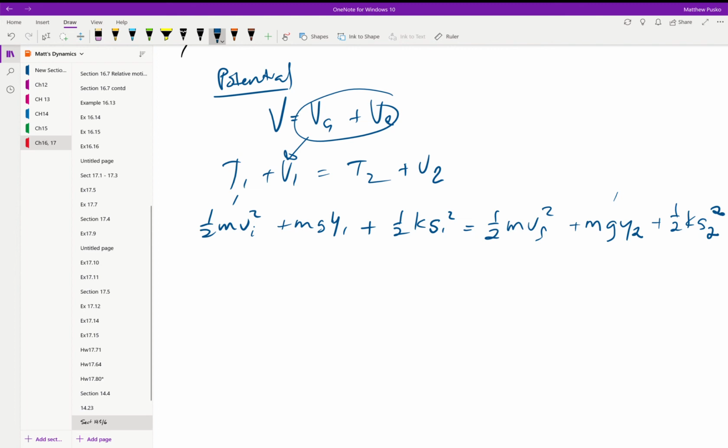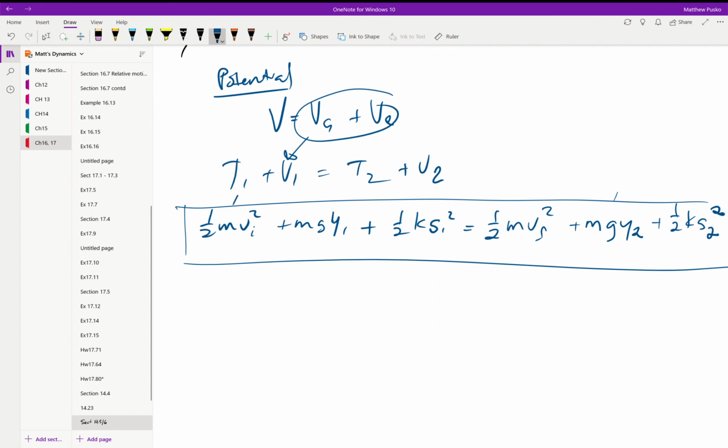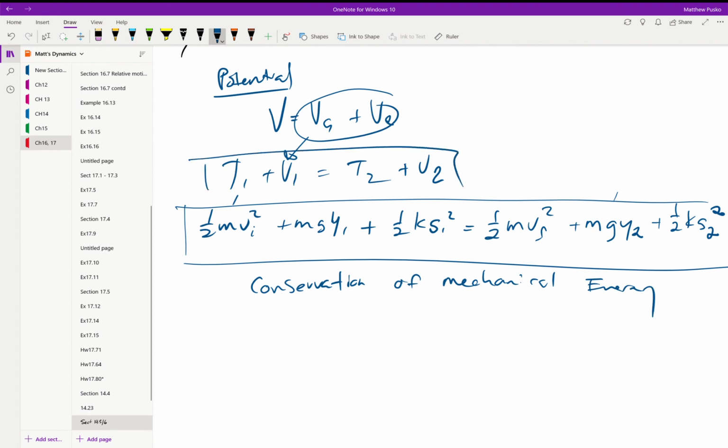Alright, this is the conservation of mechanical energy. That is T1 plus V1 is equal to T2 plus V2. These are the same. I'll typically take the time to write it out.